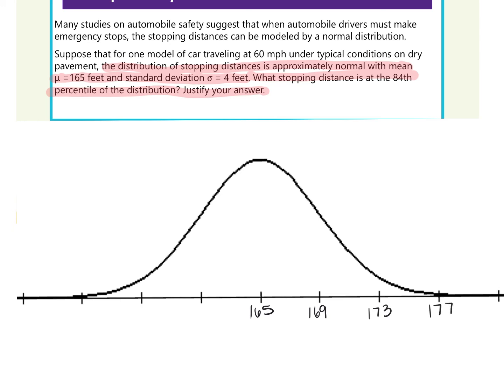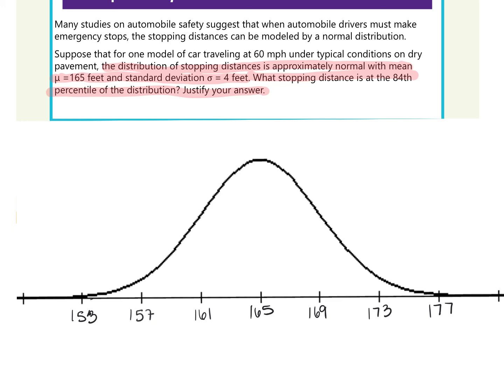And then we're going to subtract 4 3 times: 161, 157, 153. So what do we know? We want to know where 84% of this whole model is. Okay, that's what we're looking for.